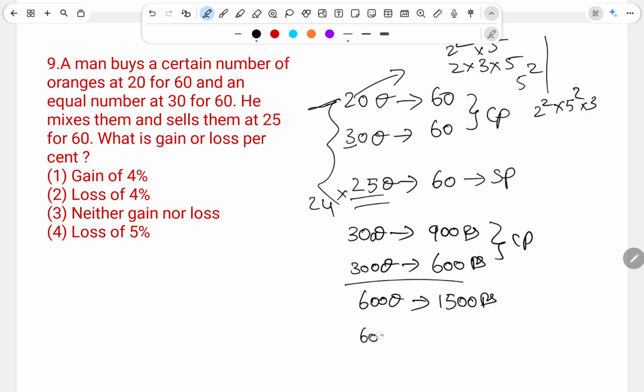So 600 oranges, this is SP, into 24. If I multiply, it becomes 1440 rupees. How much loss? 60 rupees over 1500 into 100. 2 zeros got cancelled. 4% loss.